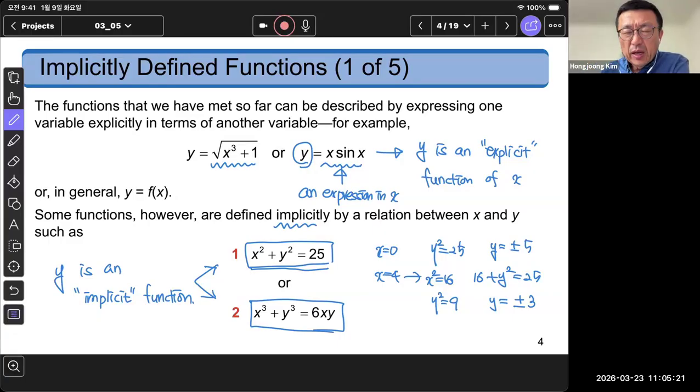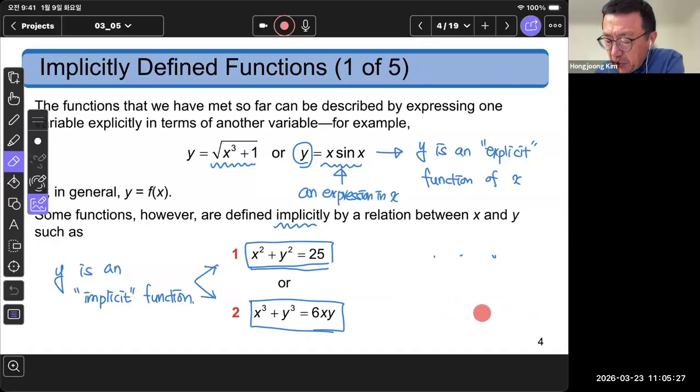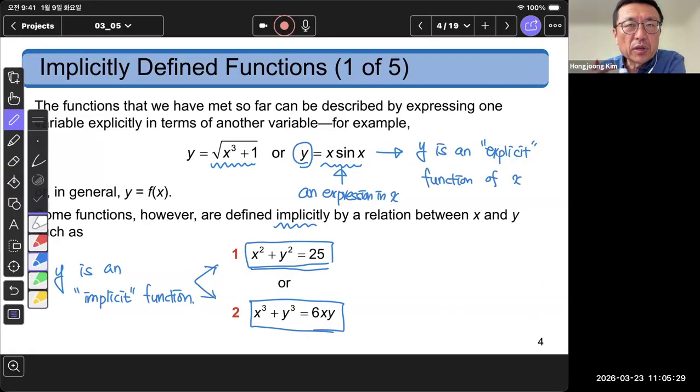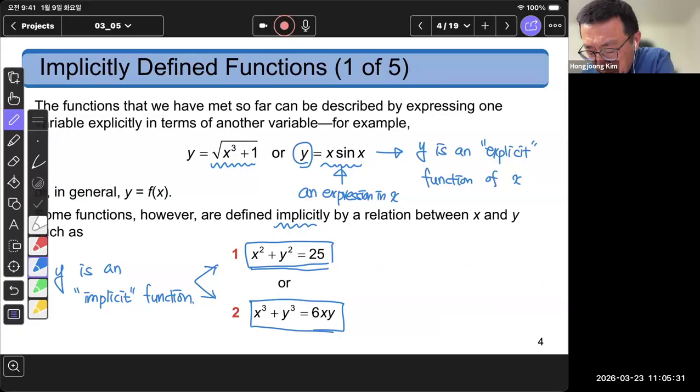Now, in case of number 1, even though it is implicit, y squared can be represented by 25 minus x squared. So y will be plus or minus square root of 25 minus x squared.